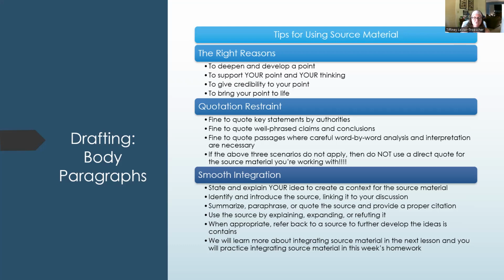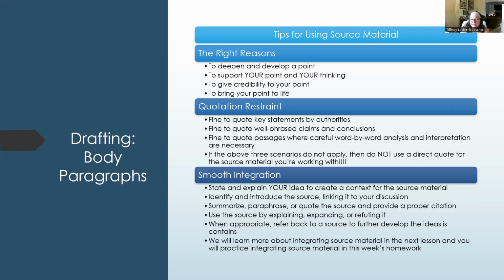But you only want to use quotation if it is a key statement from an authority figure, or if it is so well worded that it just doesn't make sense to mess it up, or if it's a complex statement that really needs to be explained and unpacked, because you don't want to mess up the wording.